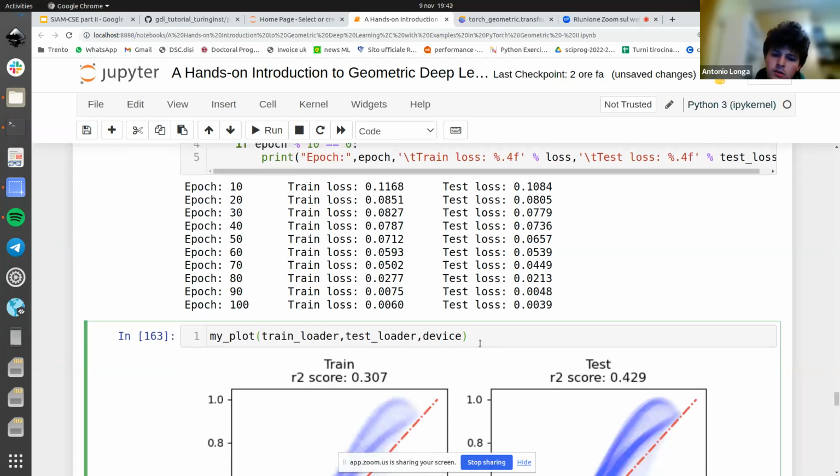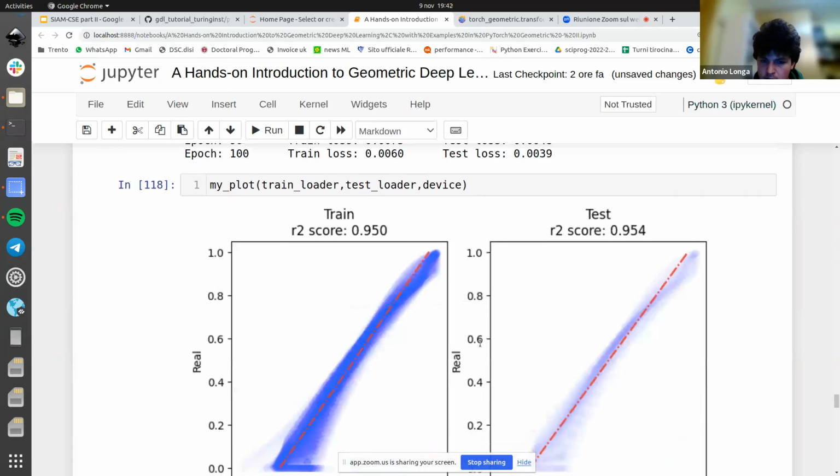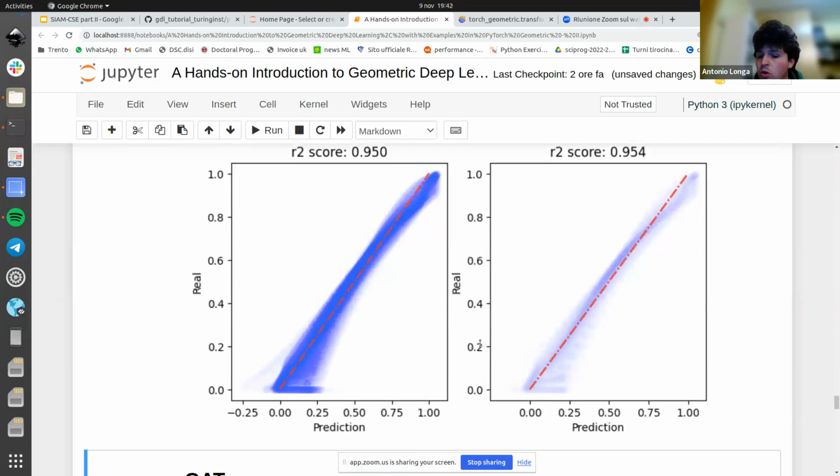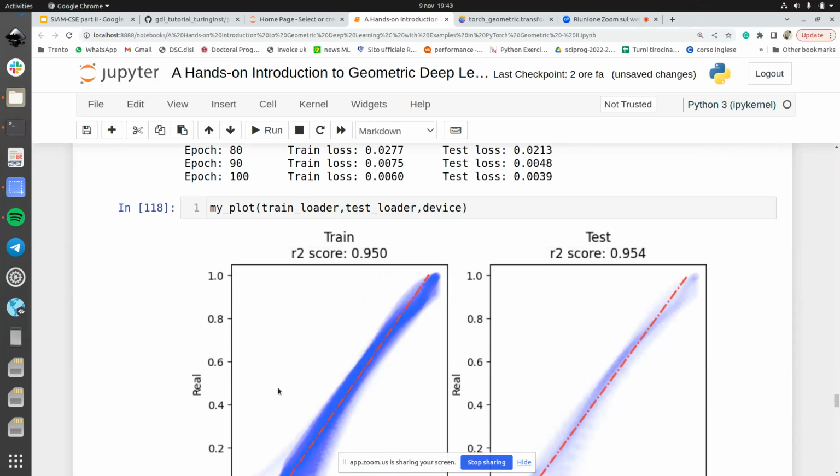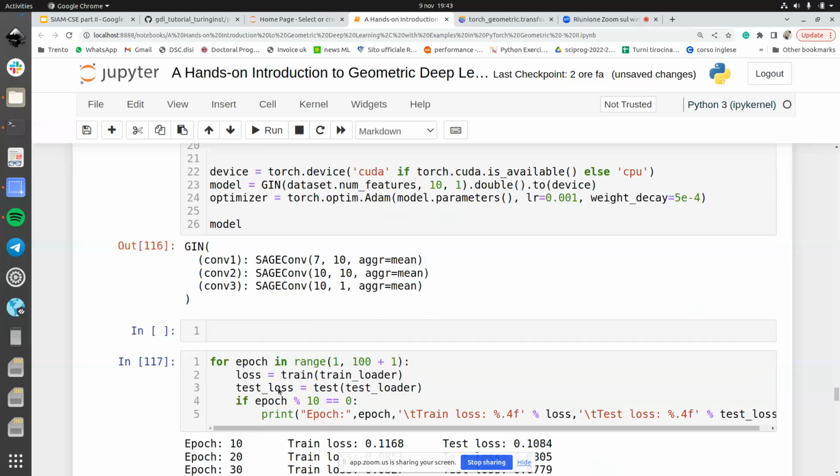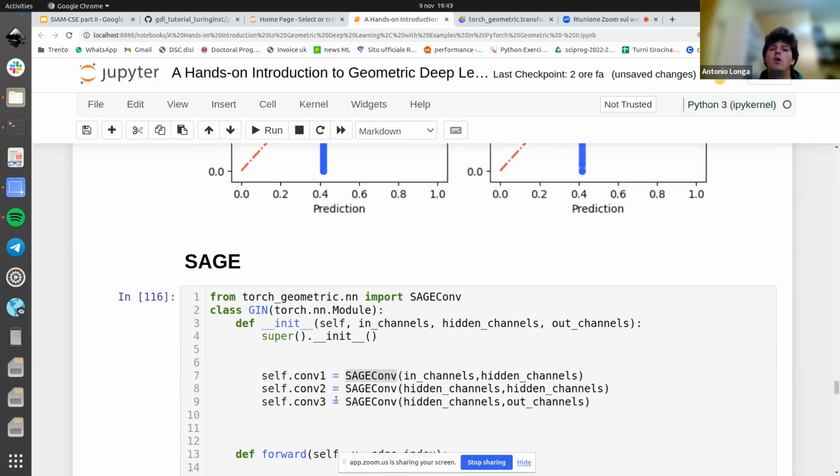Now, if we plot the results, they are much better with respect to our simple GCN. Can you tell the difference between the simple GCN and the Sage version that we have just used? The difference relies on the model.